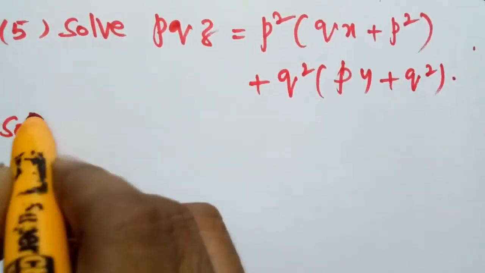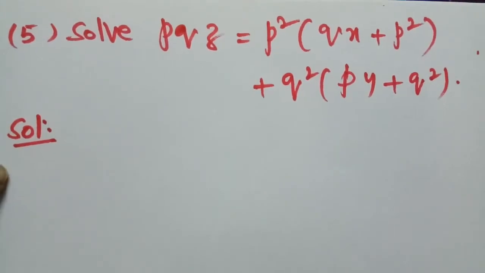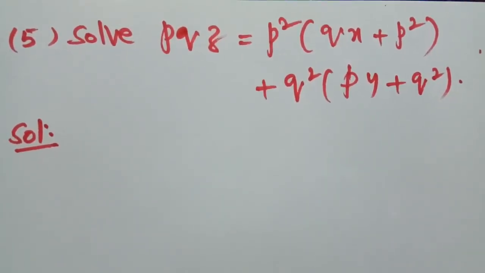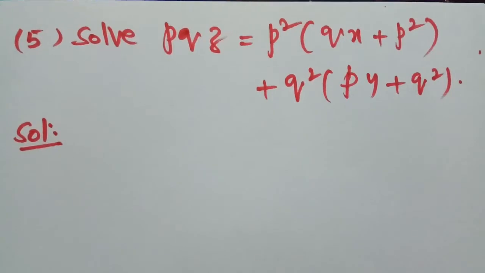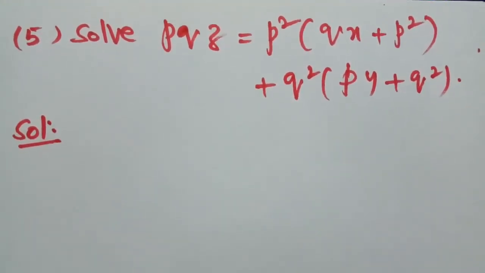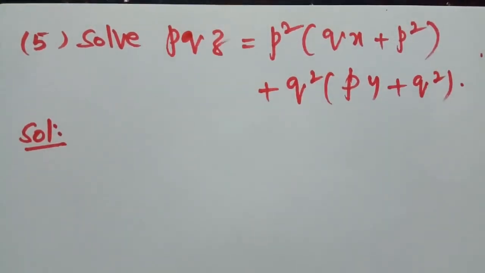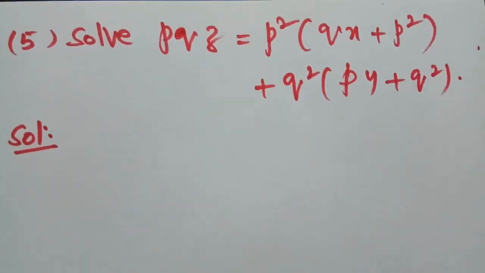Now solution. As in the fourth problem, here the fifth problem also is given not in the standard form of Clairaut's form. So we can convert this equation into standard form by making some simplification. First, do the simplification to arrange the given equation in the standard Clairaut's form.